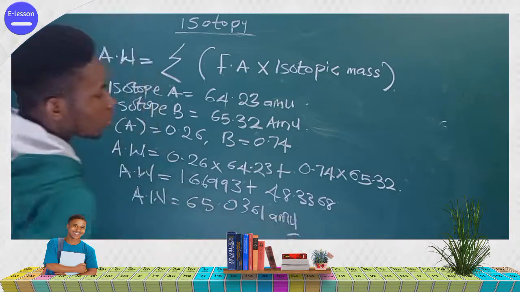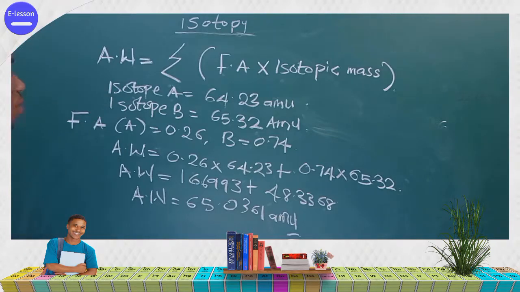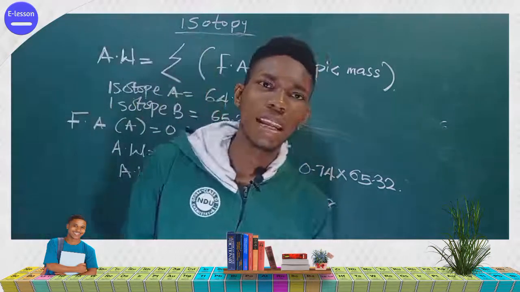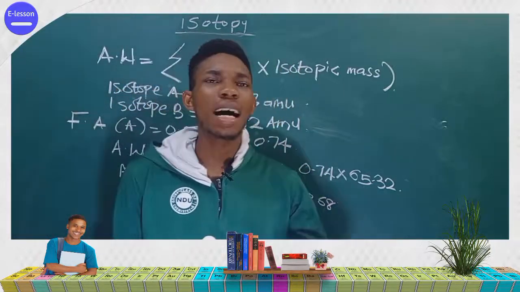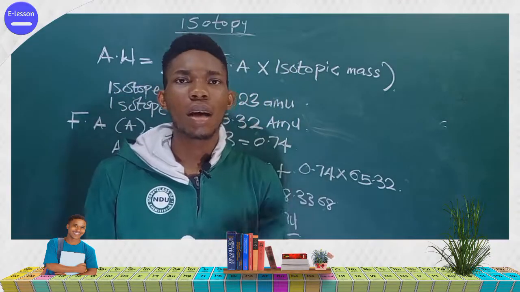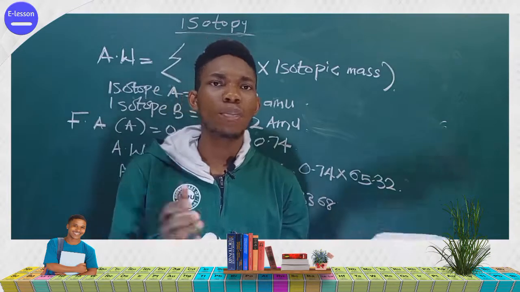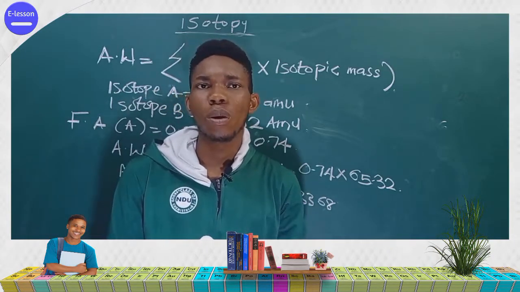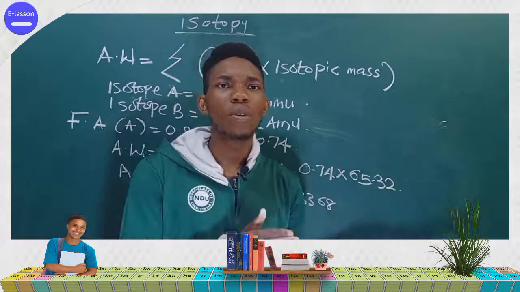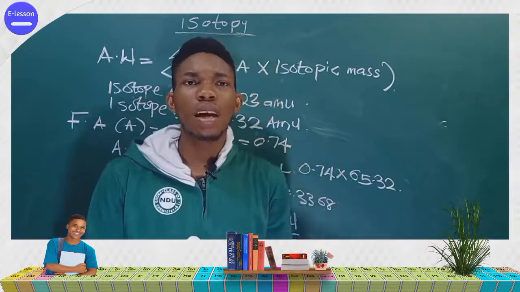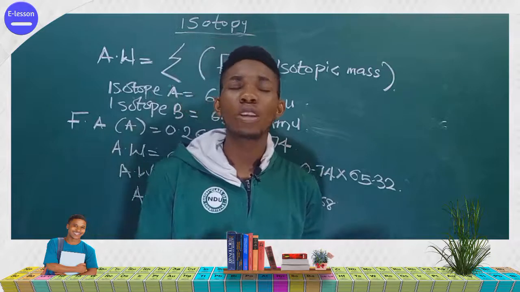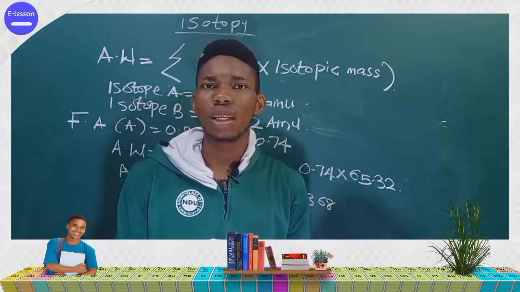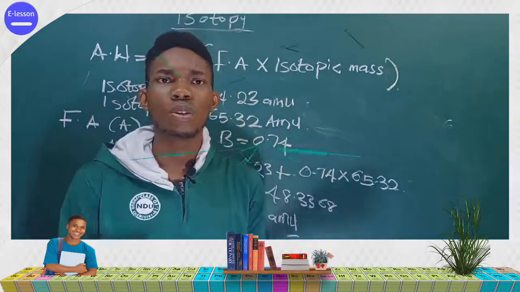And this is the atomic weight for copper. So in case they say identify the element, it is copper. That is how to solve for the atomic weight given the percentage abundances and the isotopic masses of each isotope. We find the fractional abundance from the percentage abundance, multiply it with the isotopic mass, and then add the two together. Is that not easy to resolve?